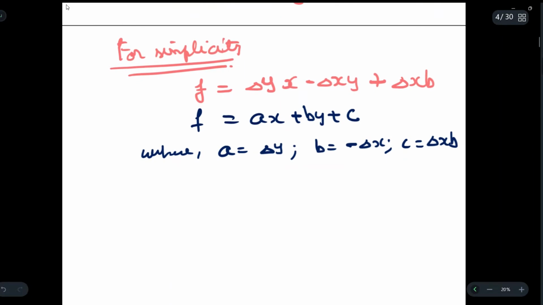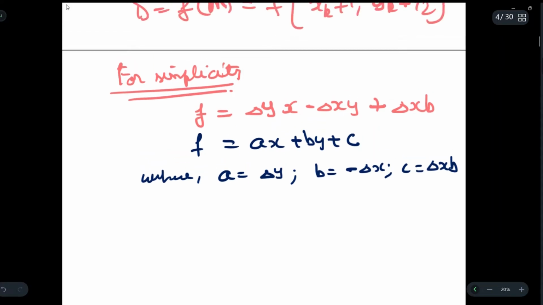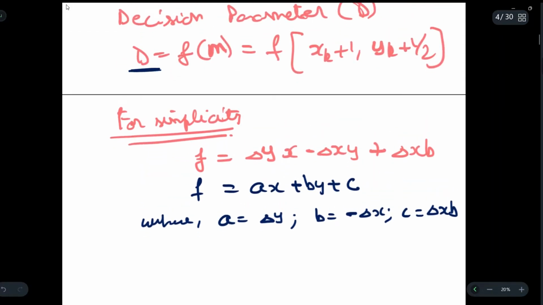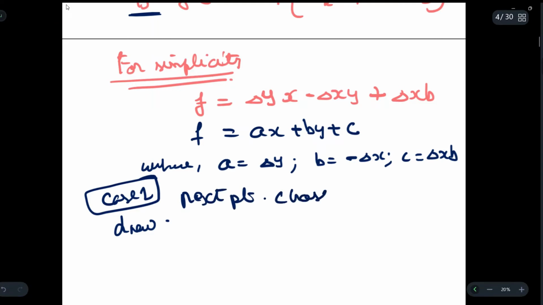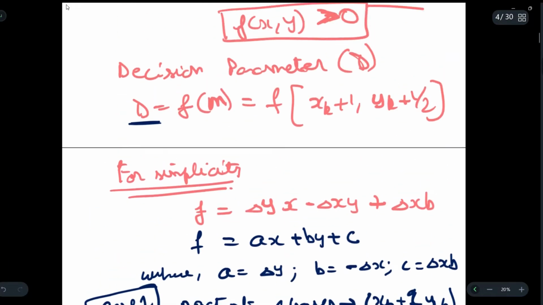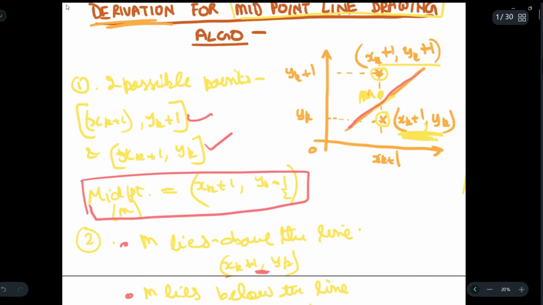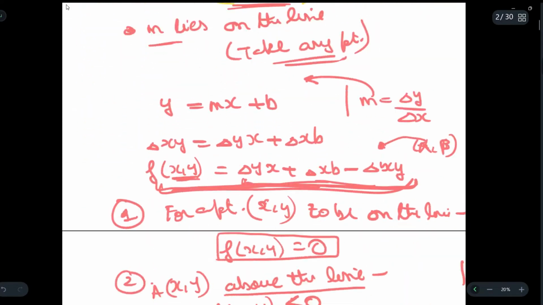Now we have to find the new value of d, that is d new, from the old value of d, that is d old. So let us write case 1. Now if the next point chosen is (xk plus 1, yk), suppose if we are choosing this point in this line, this is considered to be case 1.